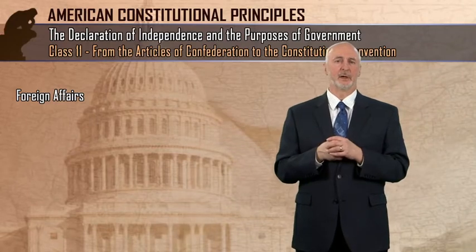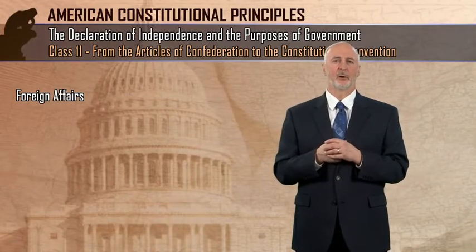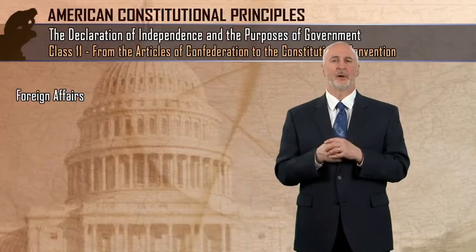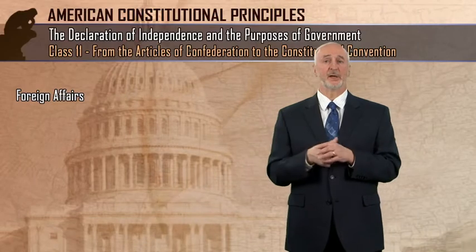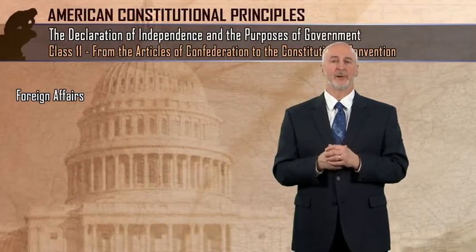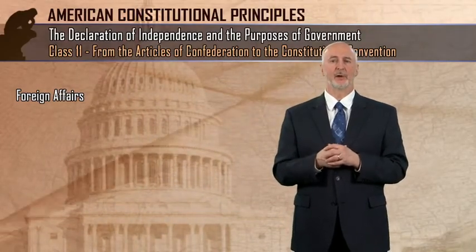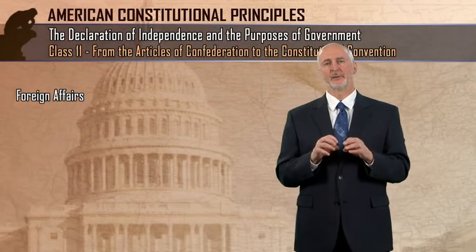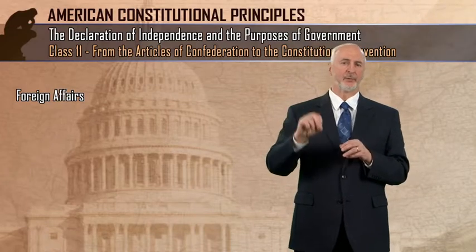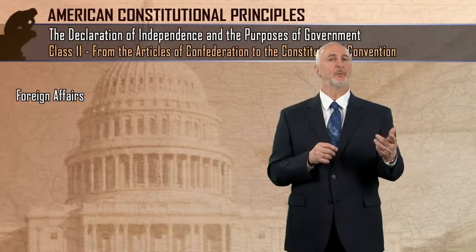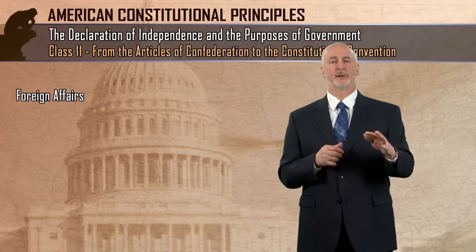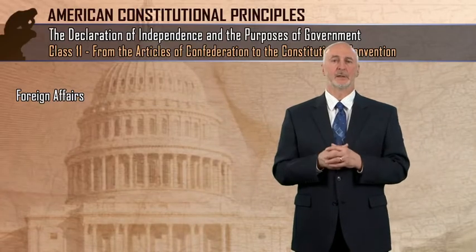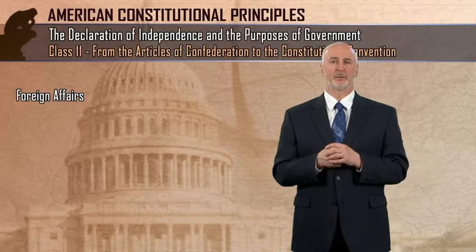In fact, really up until the War of 1812, there was always a question about whether the English might take up arms again and reestablish their control over their former colonies. So the inability of the Congress to enforce the terms of the treaty in a way that removed the excuse for the English to maintain their forts along our border was a real problem, a serious problem.